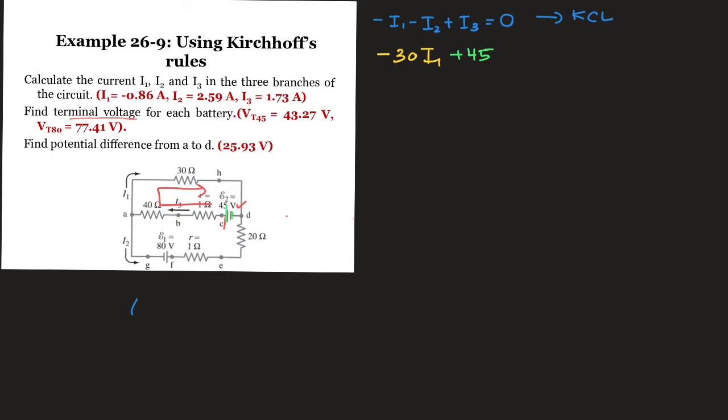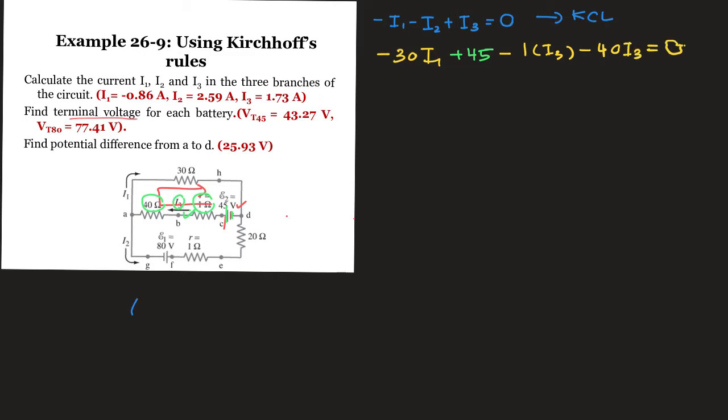Okay, and then for 1 ohm and 40 ohm, because the current assumption loop there is going to be in the same direction with your current inside the circuit of I3, therefore 1 ohm and 40 ohm are going to have negative value. So here I'm going to put negative 1 multiplied with the I3, and another one is going to be negative 40 I3, equals to 0.